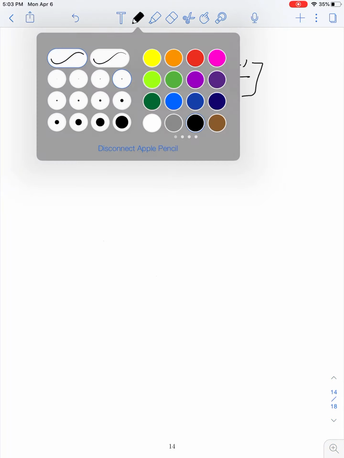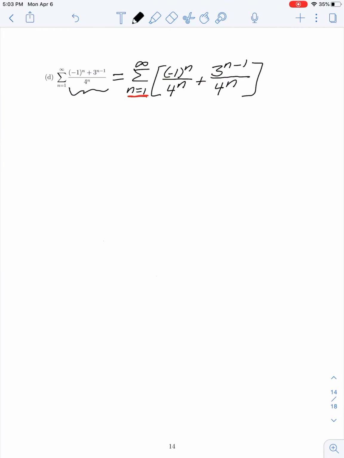So if we want to rewrite this as a summation starting at n equals 0, we could force it to start at n equals 0 by changing all of the n terms in our summation to n plus 1s. So that would leave us with the following.